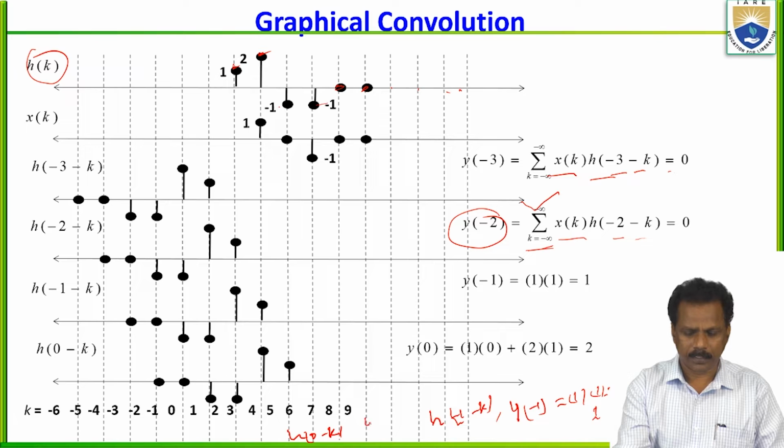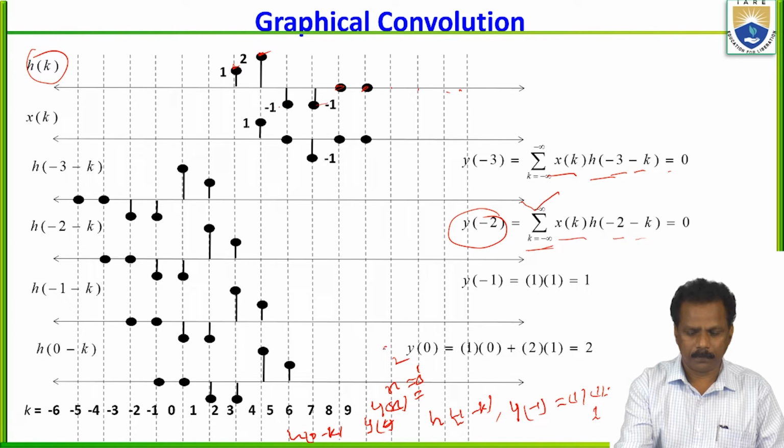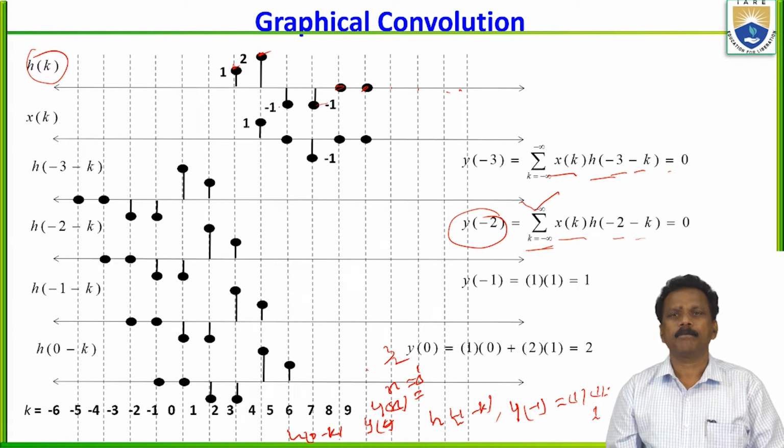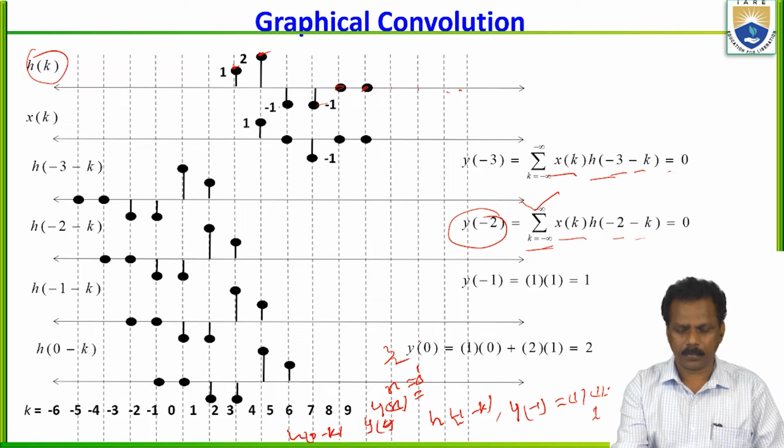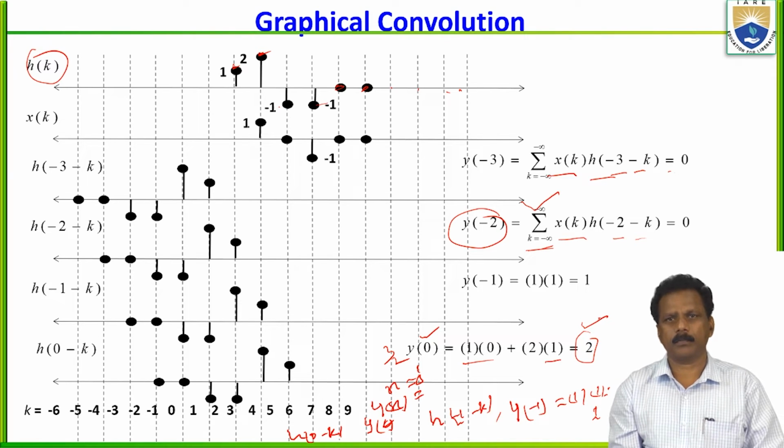So we are ready to substitute where y of n is equal to, where n is ready to substitute as either 0 or 1 and 2 and 3 and so on like this. So h of 0 minus k, so y of 0 equals 1 into 0 plus 2 into 1, plus, simply we write, to verify that 2.